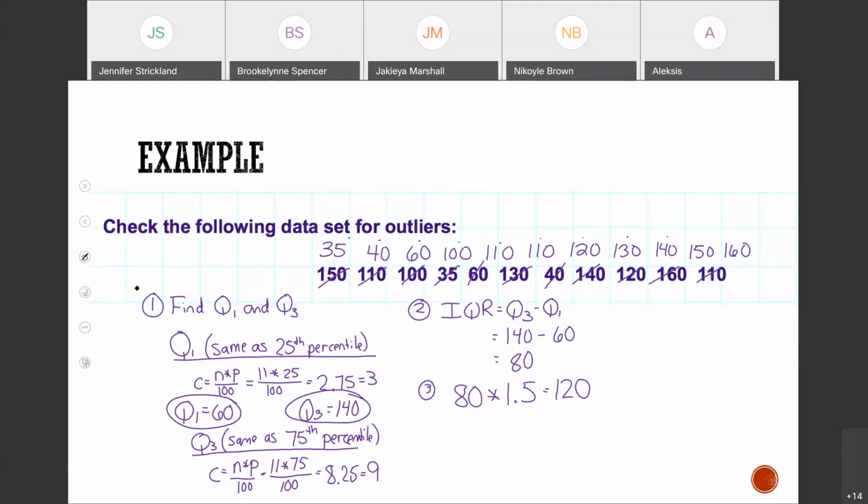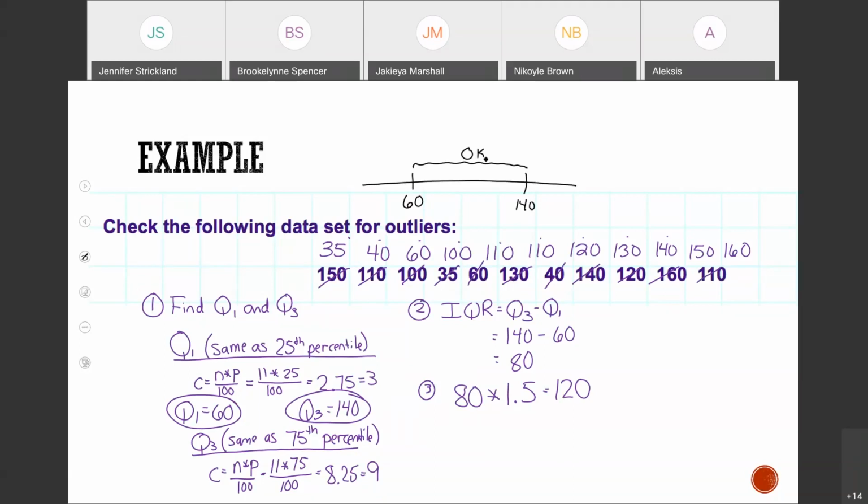So we start out with the quartiles: 60, because that was Q1, and 140. Anything between 60 and 140 is definitely not going to be too high or too low. Those are definitely fine.